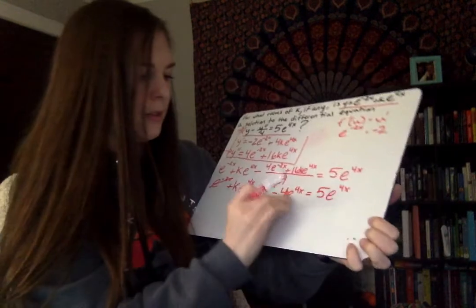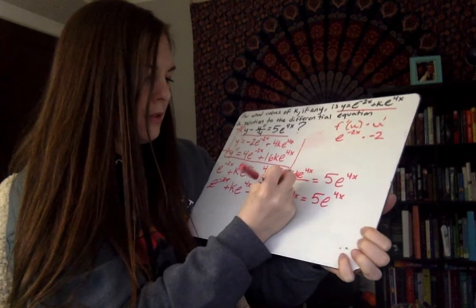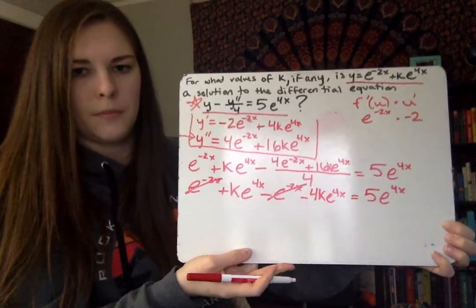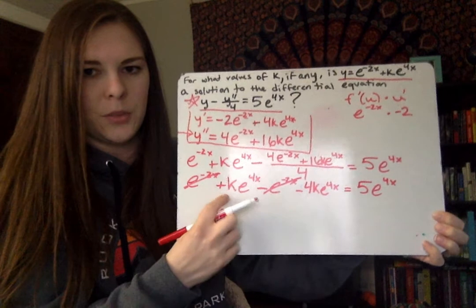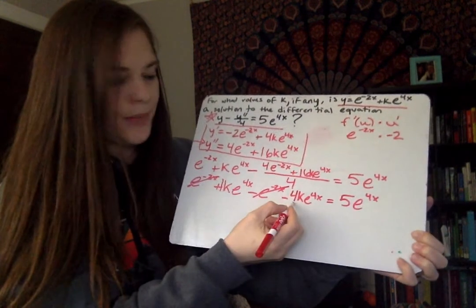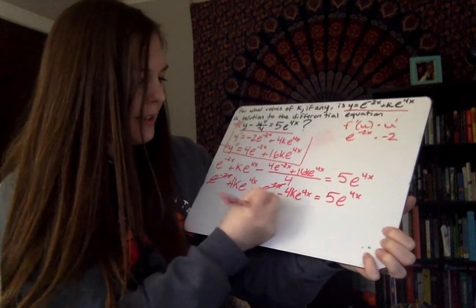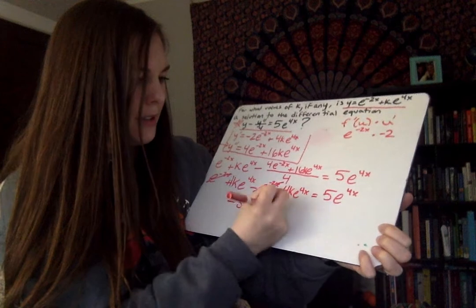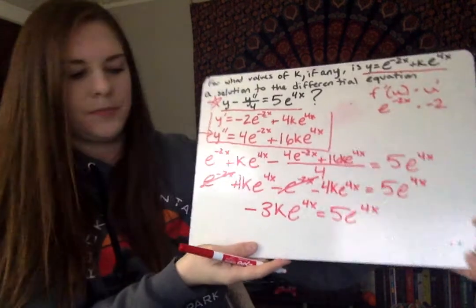Okay, so let me write that a little bit better. 4k e to the 4x. Okay, so when I combine these, remember this is really just a 1k. So 1k minus 4k, I'm going to have negative 3k e to the 4x equals 5 e to the 4x.